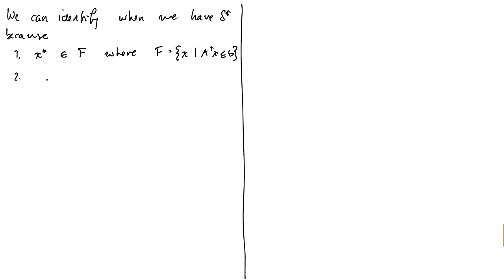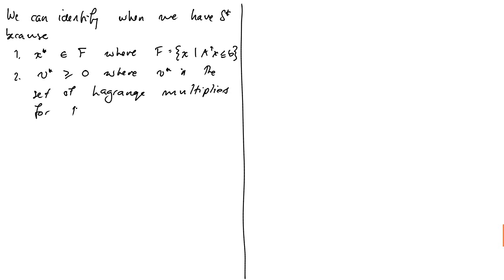Second thing, less obvious, but it will become more obvious soon. The Lagrange multipliers nu star are greater than or equal to 0, where nu star is the set of Lagrange multipliers for the equality constraints a_i transpose x equals b_i for i in S star.